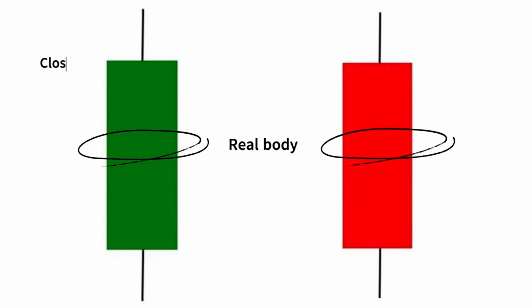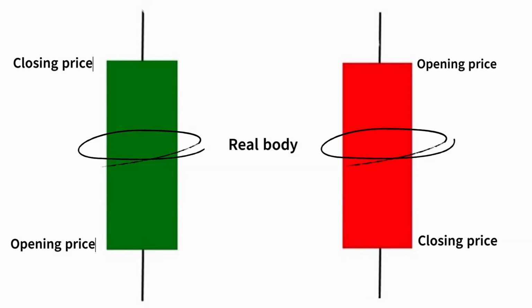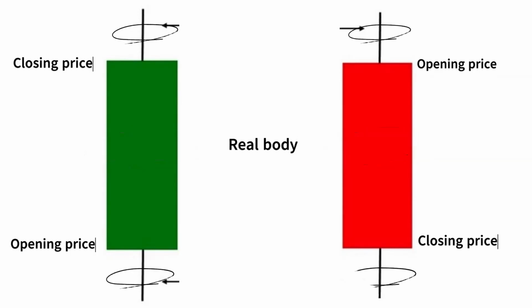As previously stated, when the closing price is higher than the opening price, the body is typically filled or colored green, as in the first candlestick, indicating a bullish or positive sentiment. However, when the closing price is lower than the opening price, the body is usually empty, often red, representing a bearish or negative sentiment.